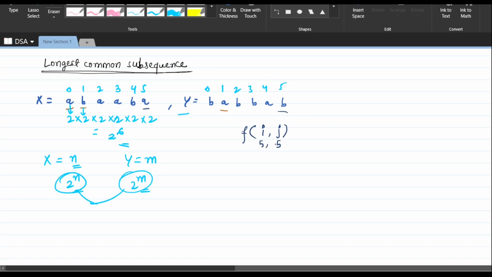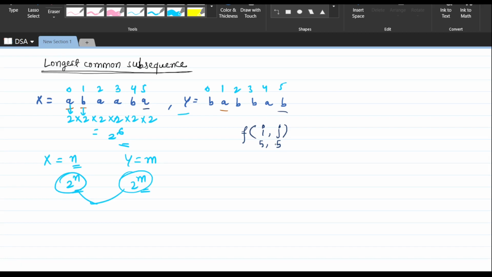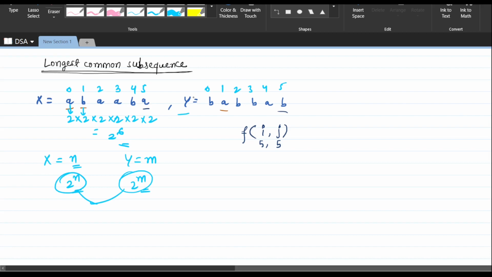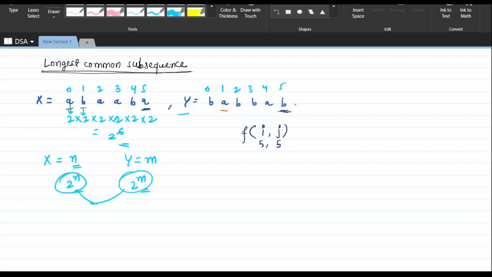We will check whether the letter present at the ith index and jth index in both strings is equal or not. If they are equal, then we can simply say that this will be part of the longest common subsequence. For this problem, here A is present and here B is present, so this is not equal. So we have to drop one letter here.